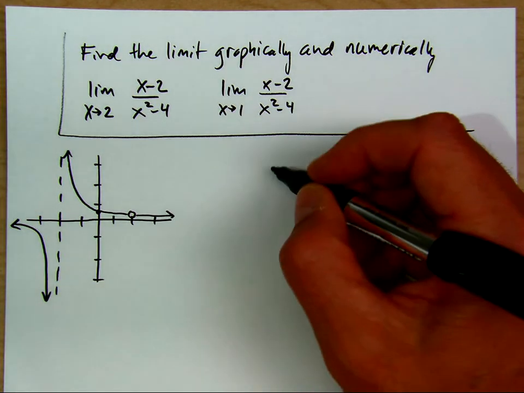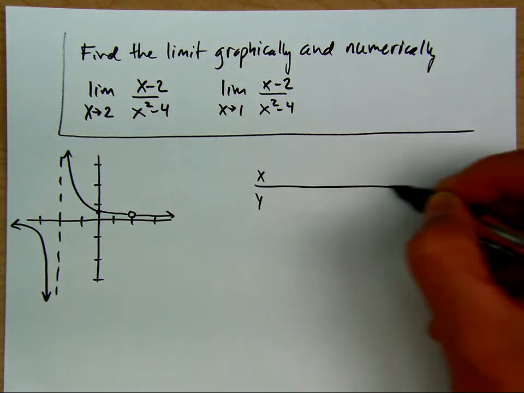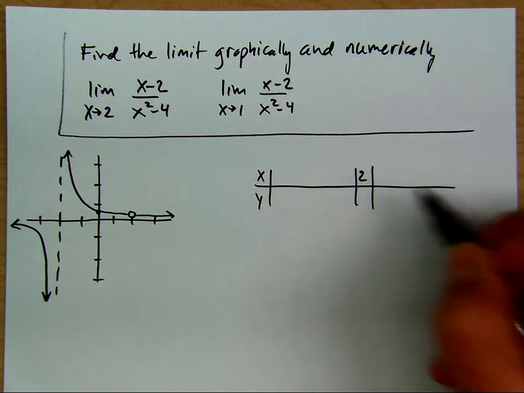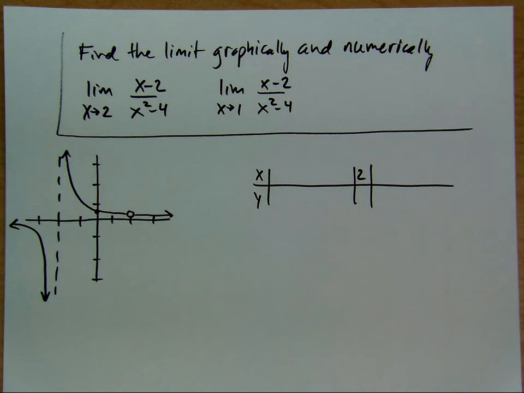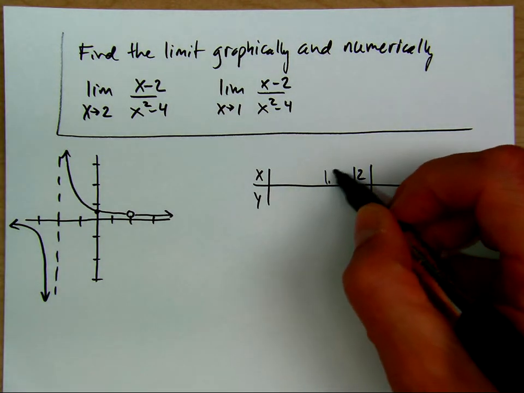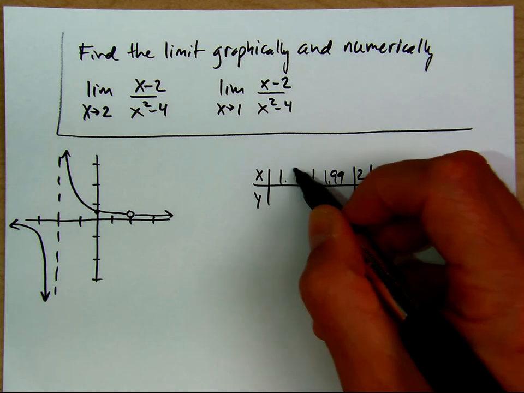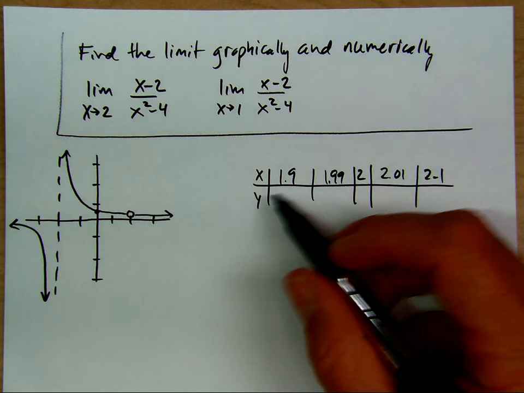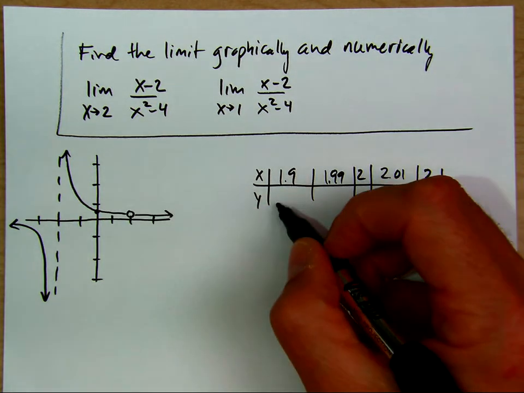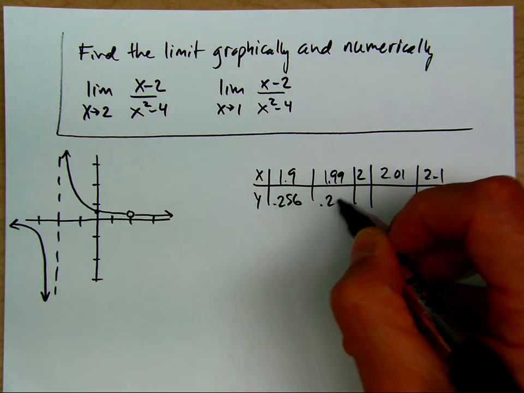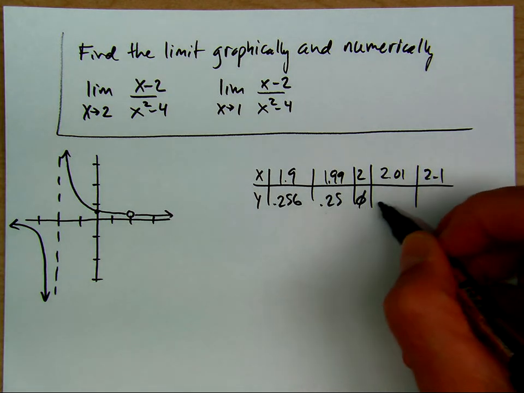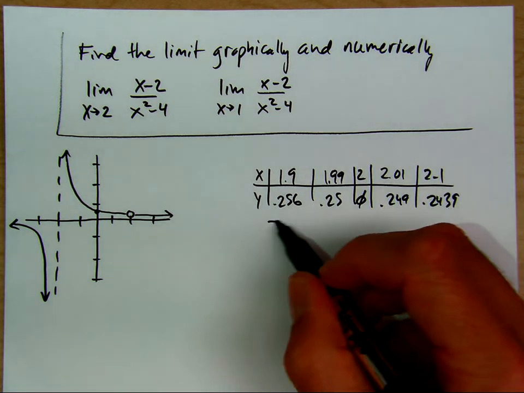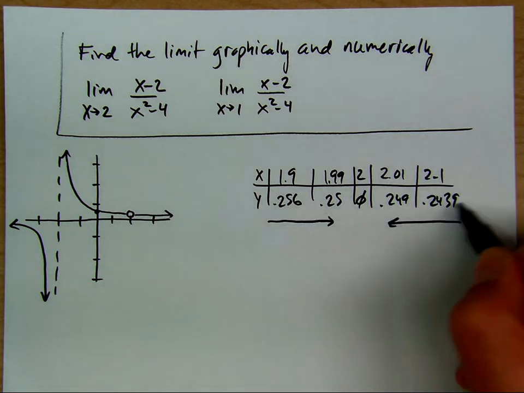Let's look at what's happening numerically. If we're finding the limit at 2, we need to choose x values that are close to 2 from the left and from the right, and then using a calculator with that function we get 0.256, 0.25, undefined, 0.249, 0.2439, and we look for what's happening with these numbers.